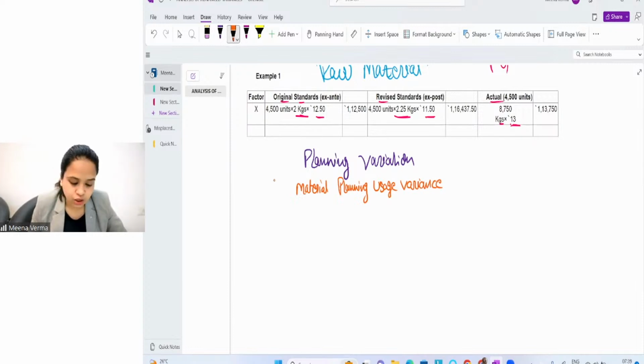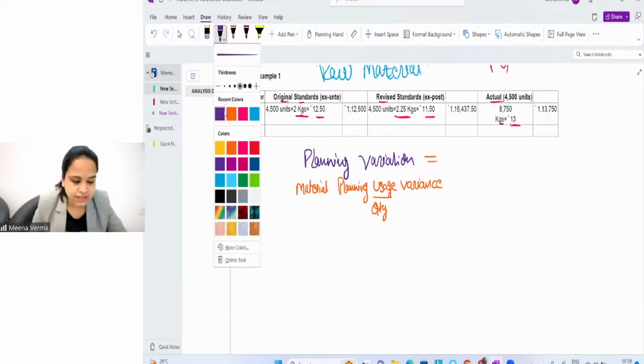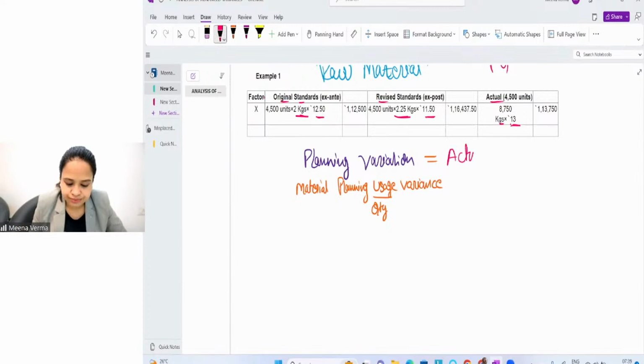Material planning usage variance. Now, what is usage variance? It is also known as quantity variation. Planning variation means revised budget minus actual budget, or you can say actual budget minus revised budget.